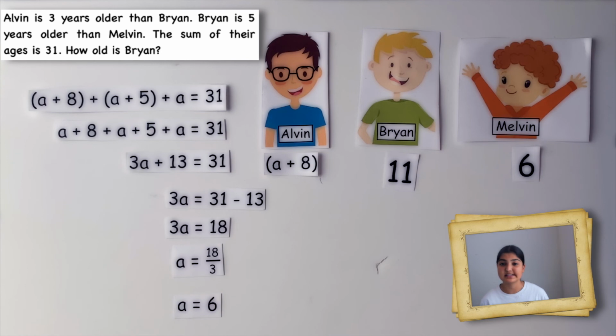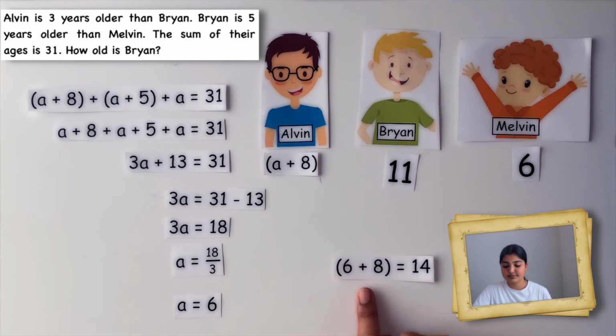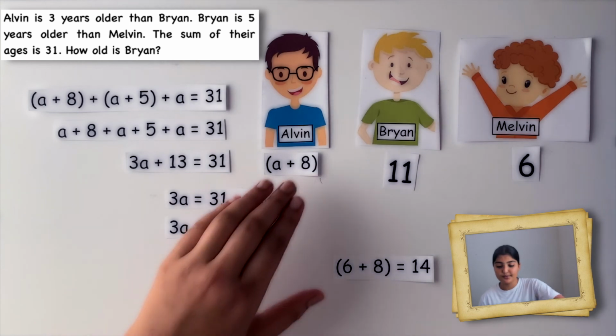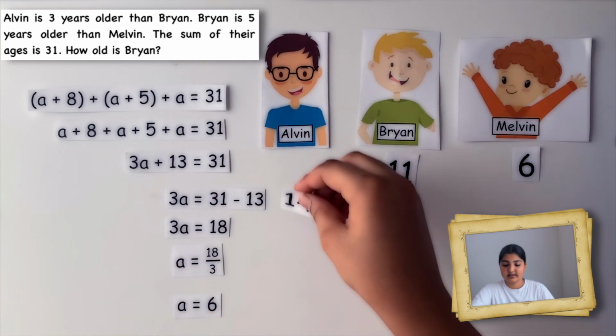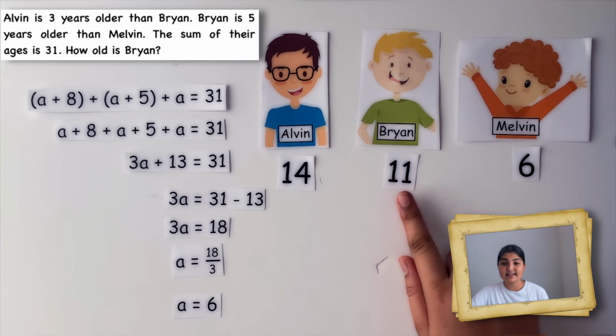Well, how old is Alvin? Again, we can plug in the value of A. 6 plus 8 is 14. So, Alvin is 14 years old. And since the problem is asking the age of Bryan, we know that Bryan is 11 years old.